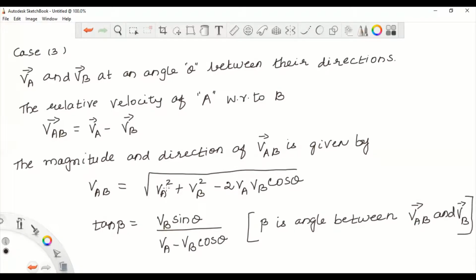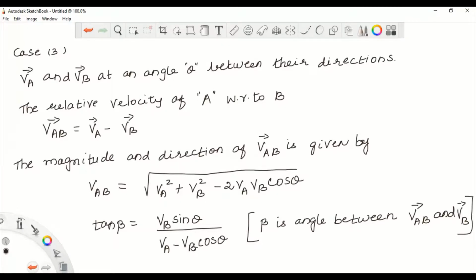So this is the formula used to calculate the magnitude, that is root of VA square plus VB square minus 2VA VB cos theta. And to find the direction, VB sin theta divided by VA minus VB cos theta.